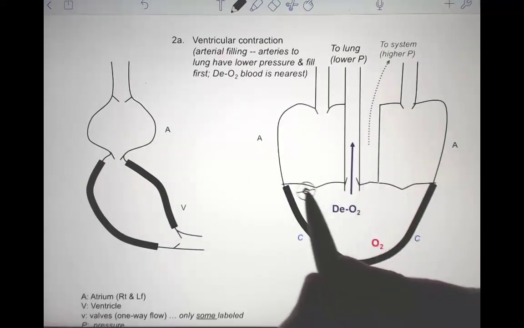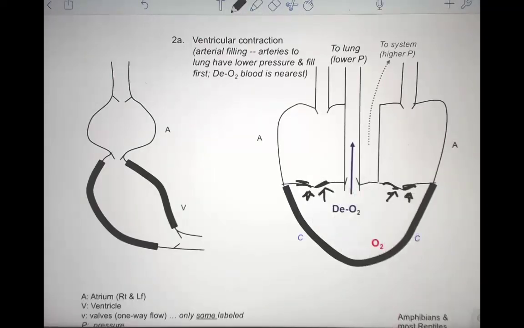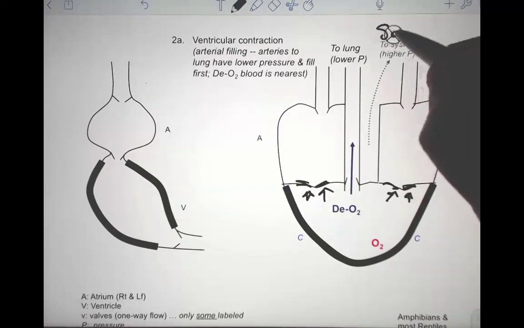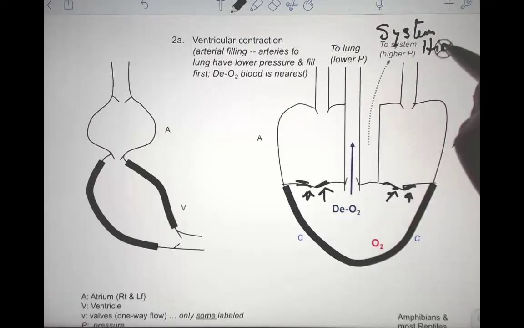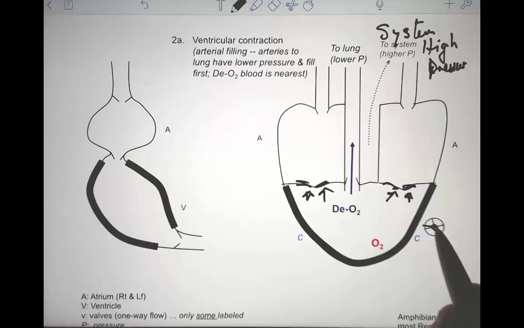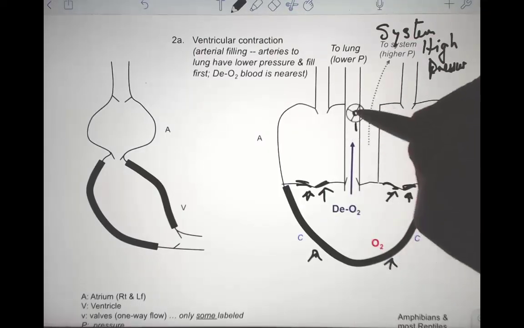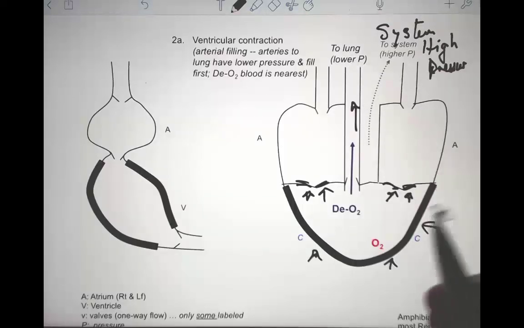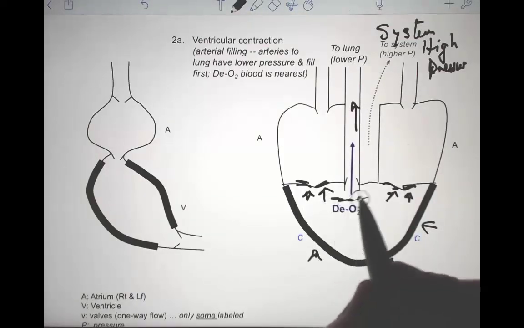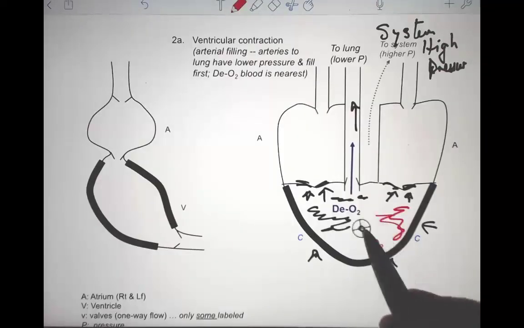As the ventricle contracts, it closes these valves, but the system has higher pressure than the blood to the lungs. And so as the ventricle starts to contract, it only has enough pressure to push open these valves to the lung.